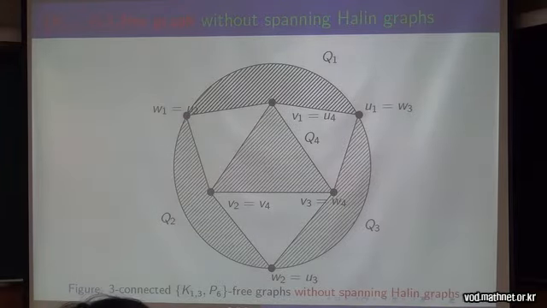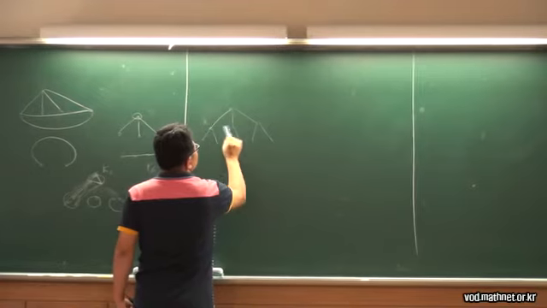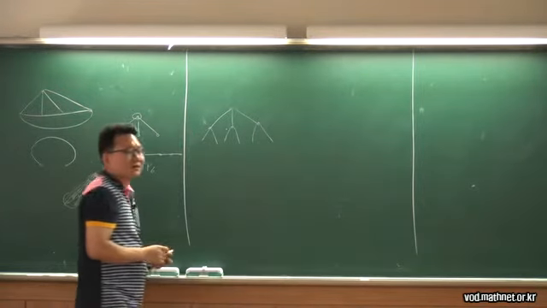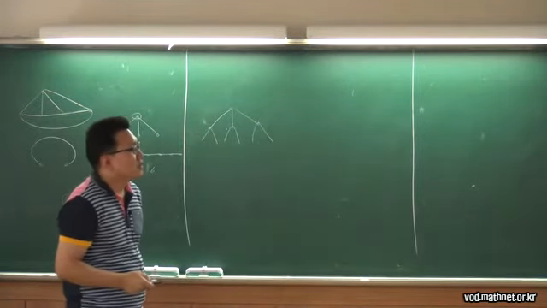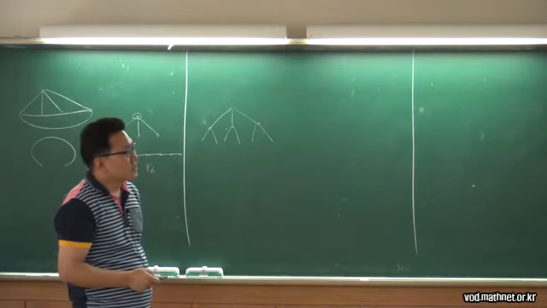So if there exists a spanning Halin subgraph in here, well, a spanning Halin subgraph consists of 2 parts, the tree and the cycle. Maybe like this. So this is called a non-leaf vertex. Well, just think about the clique in here.